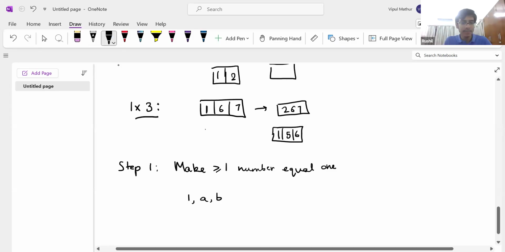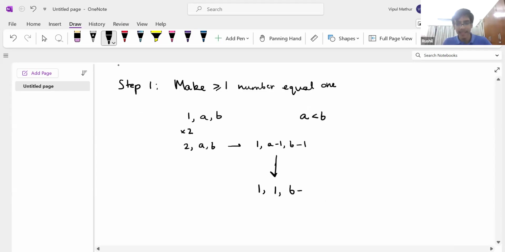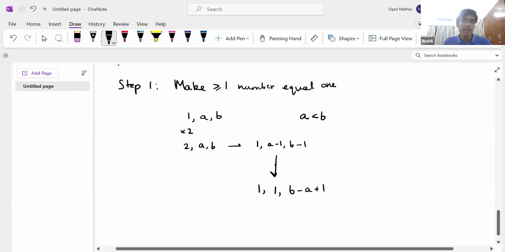And now our process seems to be saying something like, let's assume A is less than B. Multiply this 1 by 2, so you go to 2, A, B, and then go to 1, A minus 1, B minus 1. And keep repeating this until you get to 1, 1, and some B minus A plus 1 or whatever.